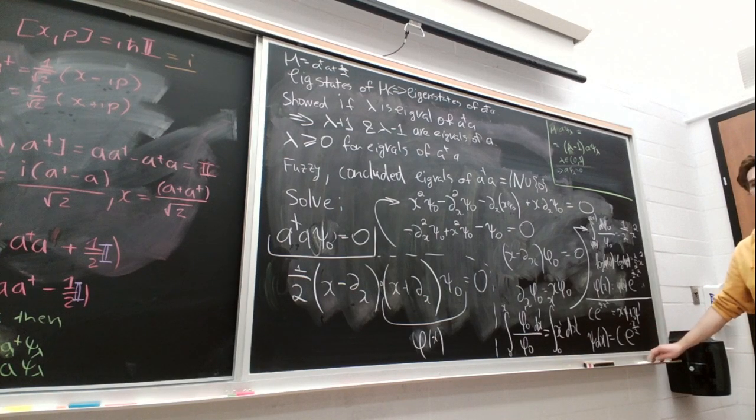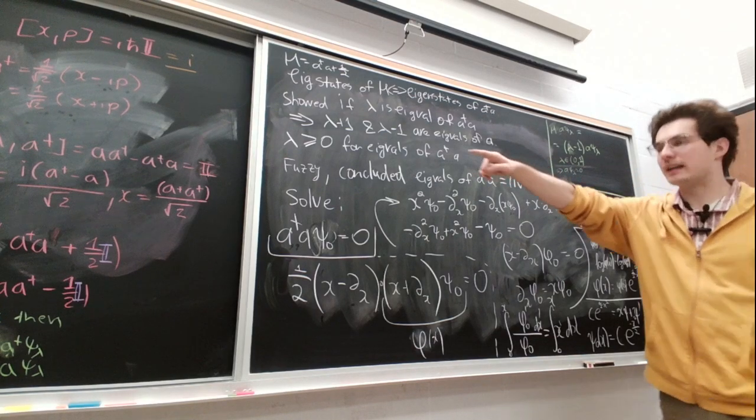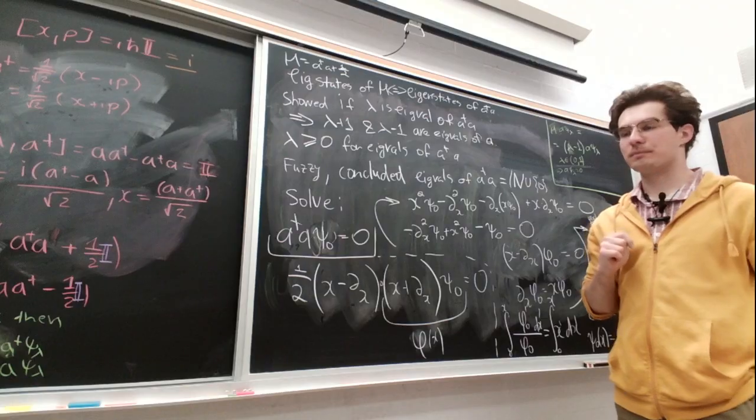You get a degree of x, and then if you multiply by x, you get just a constant. So you get some polynomial times e to the minus x squared over 2. All the higher eigenstates are going to be some complicated polynomial times e to the minus x squared over 2. And figuring out what that polynomial is just by doing that calculation is kind of hard.